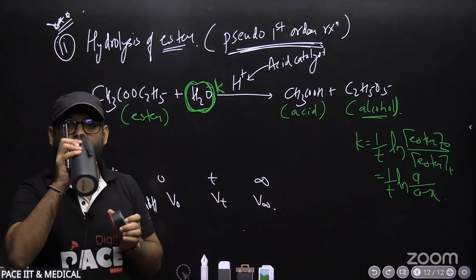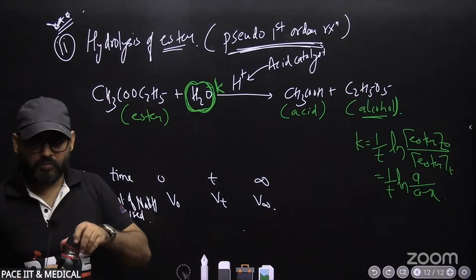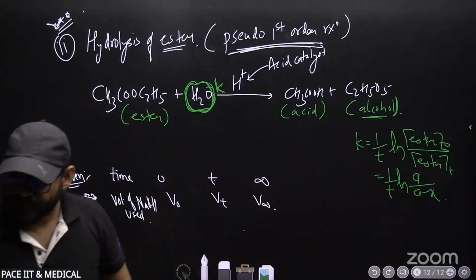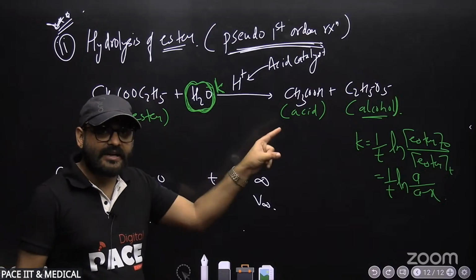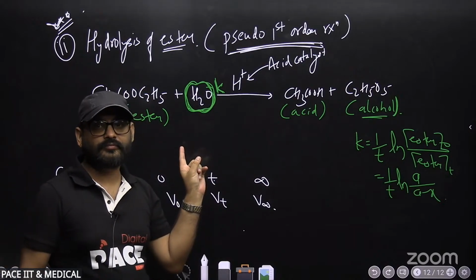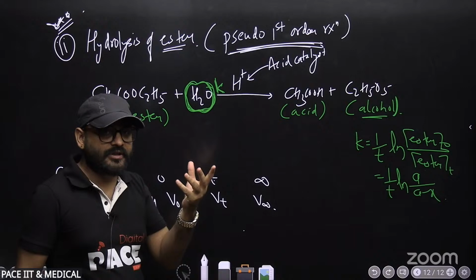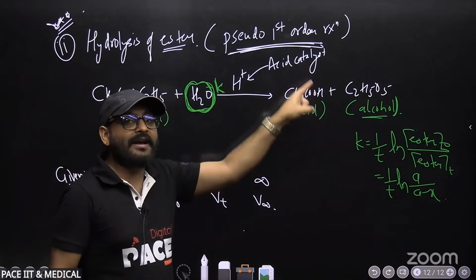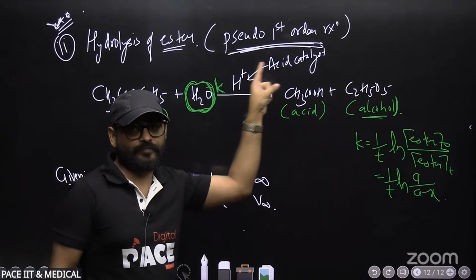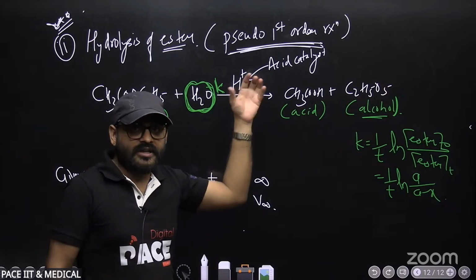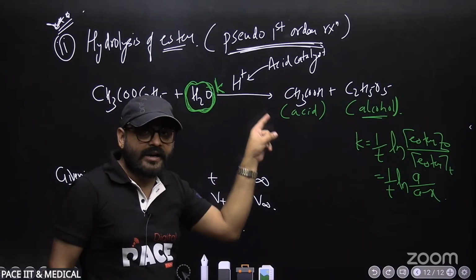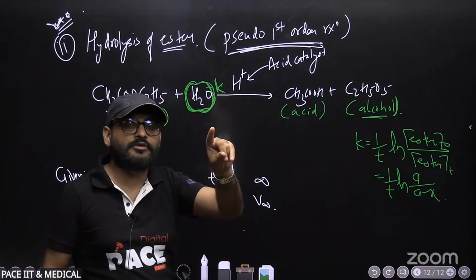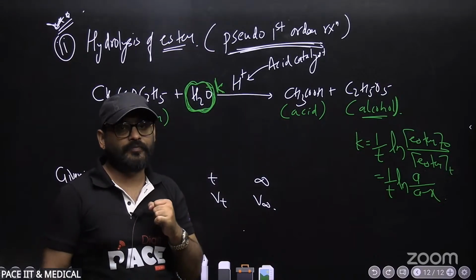NaOH is reacting with acid, not ester. So what is the proportion? The concentration of titrate. This is the titrate now. CH3COOH is the titrate. This is acid. So titrate's concentration will be directly proportional to titrant's volume.